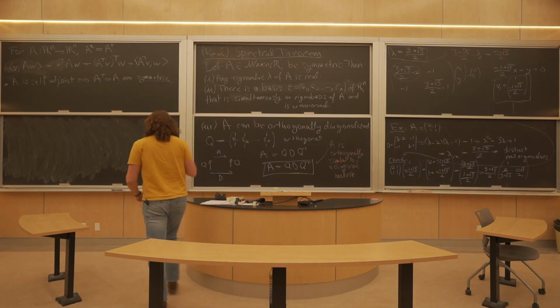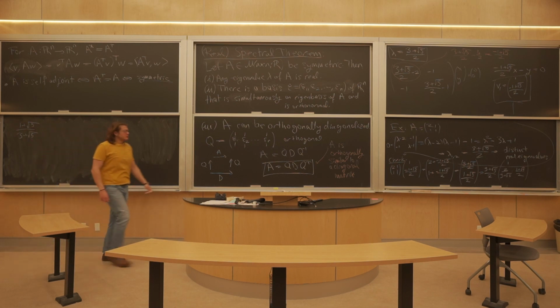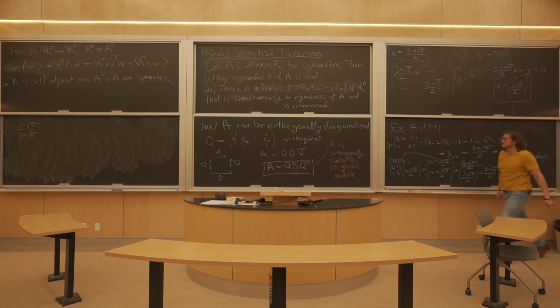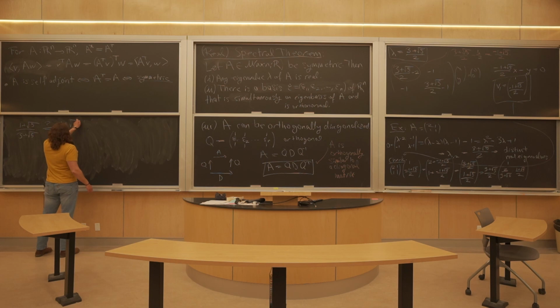So that's (1 plus root 5) divided by (3 plus root 5). I want that number, right? So this is the second entry of this vector. I want that to be equal to this number.